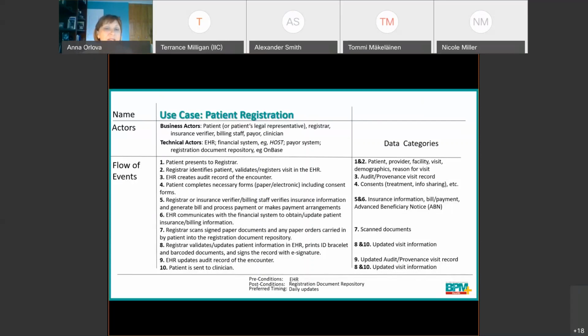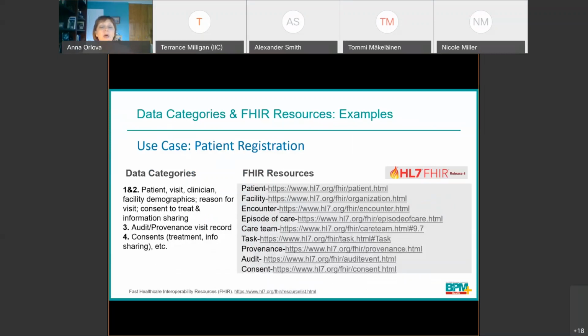And we just basically said that if we could take this workflow listed here and the associated data categories and apply here the modeling that BPM Plus allows, it looks like we could get closer to representing a particular business process using modeling standards. And what you can see right now is that for specific data categories, we selected Fast Healthcare Interoperability Resources that related to the workflow being described in the use case.